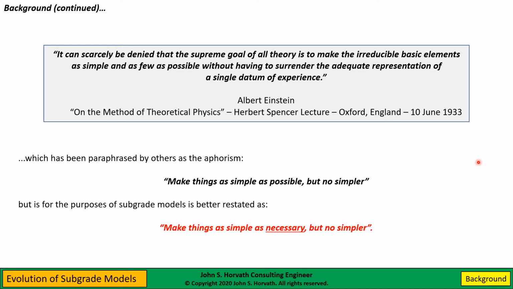Necessary being emphasized here. Because again, by necessary, I mean we are looking to capture certain behavioral features of the subgrade. There are certain things we need that are important. Is it lateral displacement? No. Is it vertical displacement? Yes. As we'll see, is it vertical shearing? Yes. So as simple as possible, as simple as necessary, but no simpler.